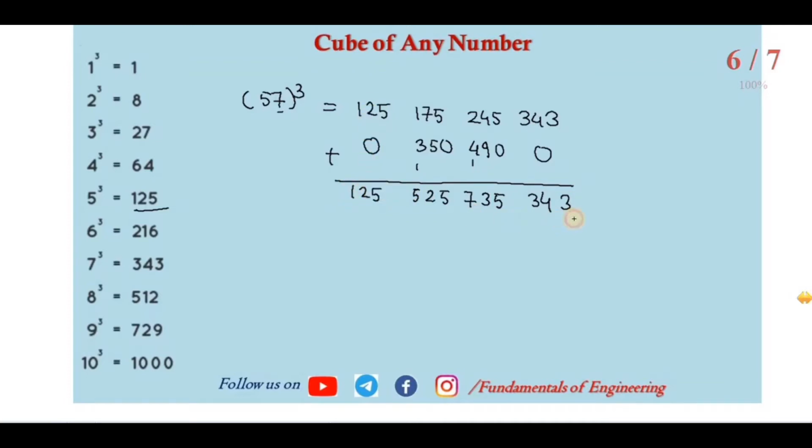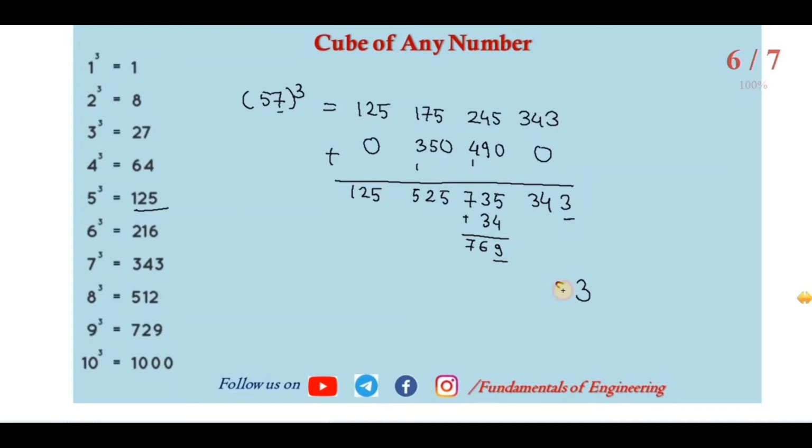Now the last digit we have to take. So first will be 3 here, then 34 will be carry here, then we have to add 5 plus 4, 9, 3 plus 3, 6, right, then 3 plus 3, 6 we are getting, and 7 here.